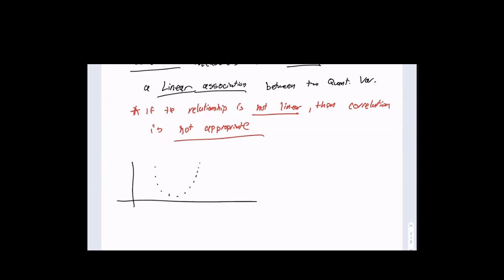So for example, let's say this was my scatter plot. How would you describe the strength of this relationship?